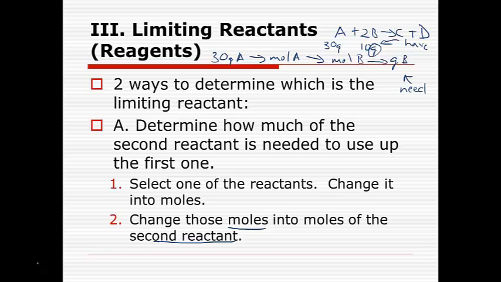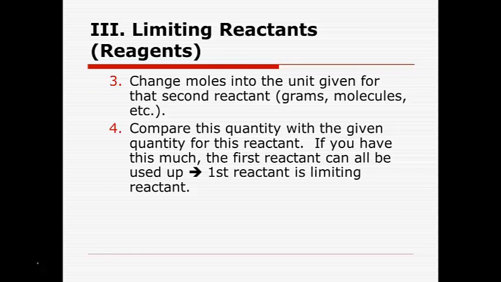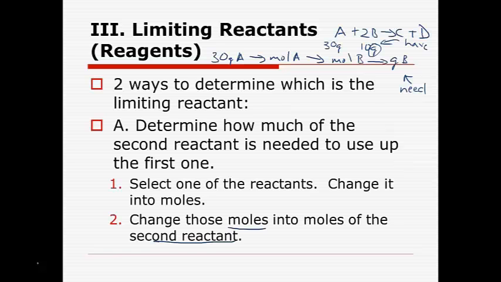So what do we do with these two numbers that you just figured out? Compare the quantities. If you have at least what you need, then the first reactant is the one that's going to be used up. In other words, what we did here, we said if I have 30 grams of A, how many grams of B do I need? Let's say this came out to be 8 grams of B. I have 10 grams.